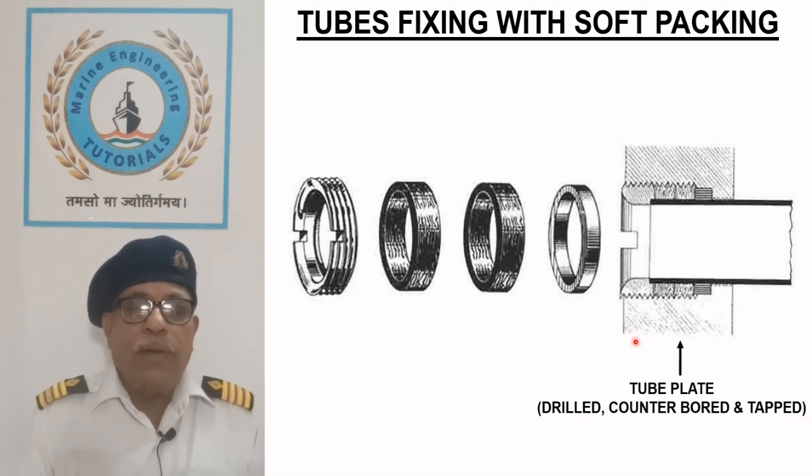In this arrangement, holes are drilled, counterbored and tacked to secure the tubes, as compared to only drilling in the conventional method. This is a complex method of tube fixing due to several processes required.